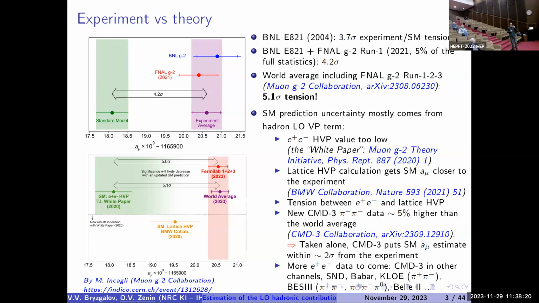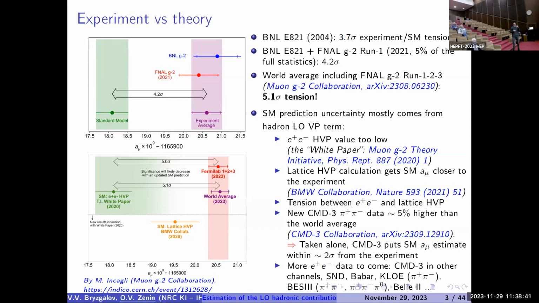So this is the standard model estimate for g-2 divided by 2, as quoted by the so-called white paper published by the Muon g-2 Theory Initiative collaboration in 2020.